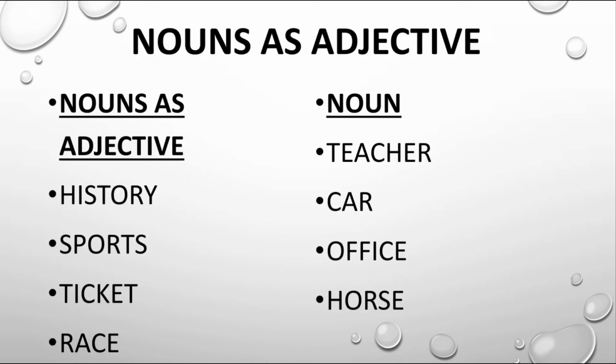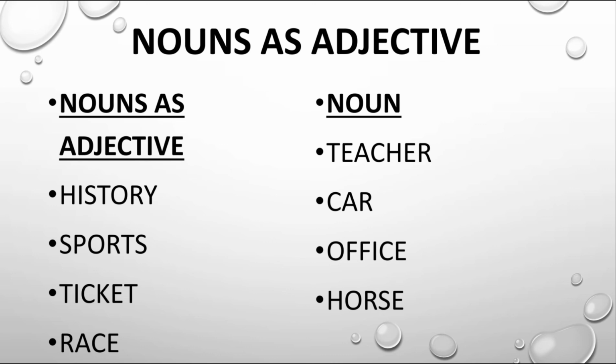Next, here comes nouns as adjectives. Students, sometimes we use a noun to describe a noun. In that case, the first noun acts as an adjective. Just look at this picture. History teacher. Here history is the noun as adjective and teacher is a noun.